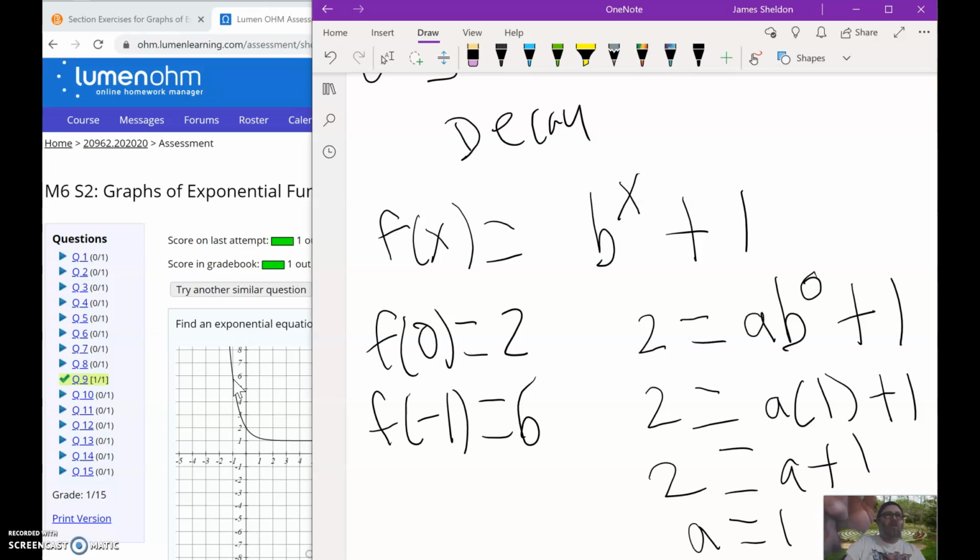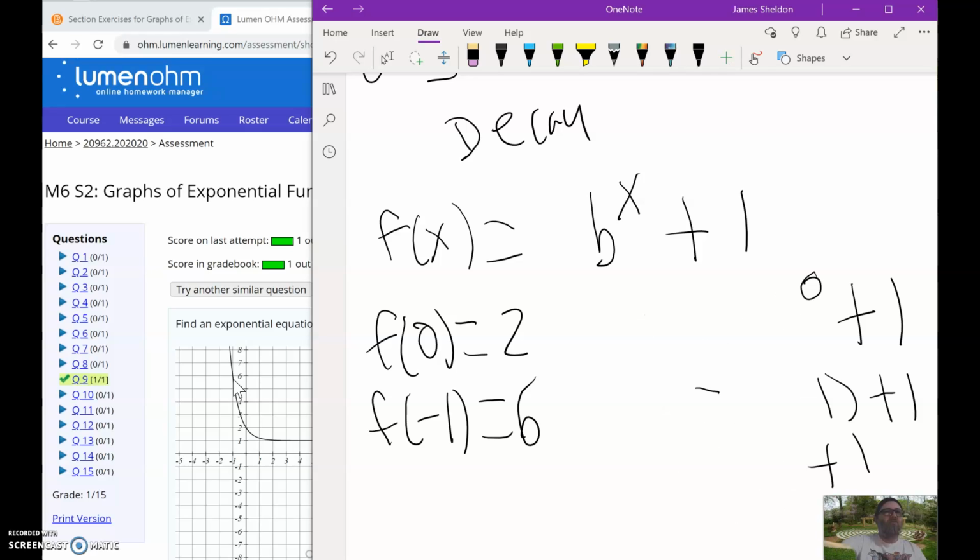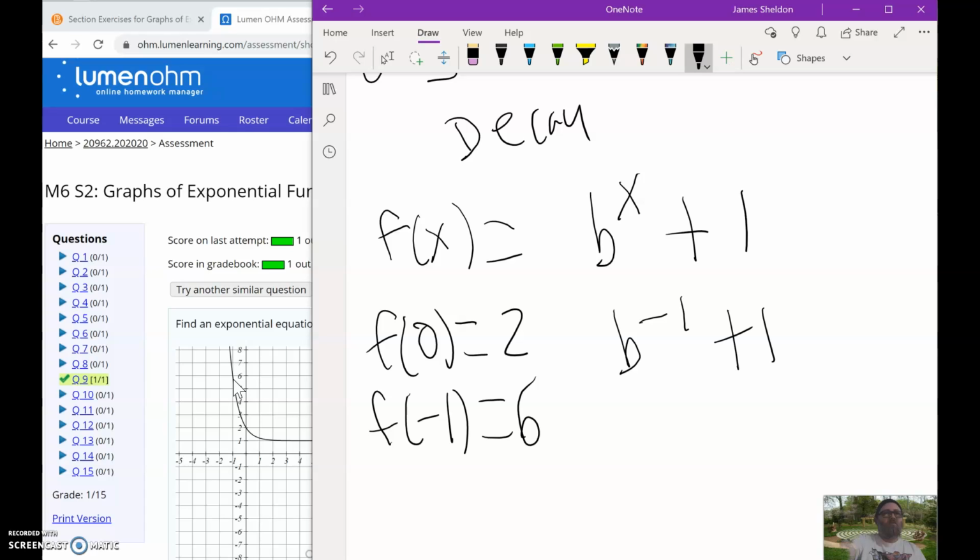Now we need to find b. Now we'll know if our b answer is correct if it's between 0 and 1. So let's see what happens. So now we take f of x equals b to the x plus 1, and we have b to the minus 1 plus 1 equals 6.